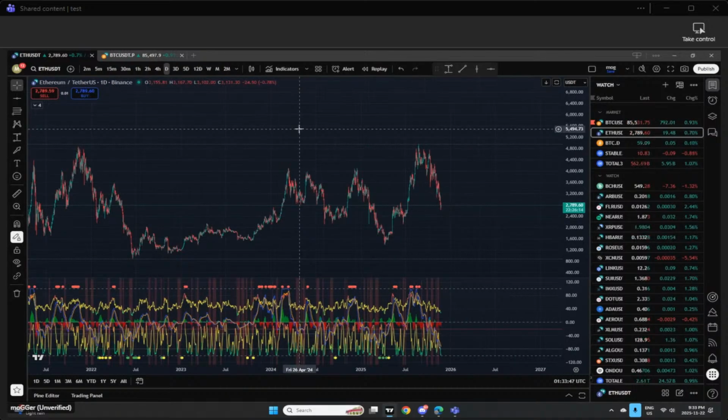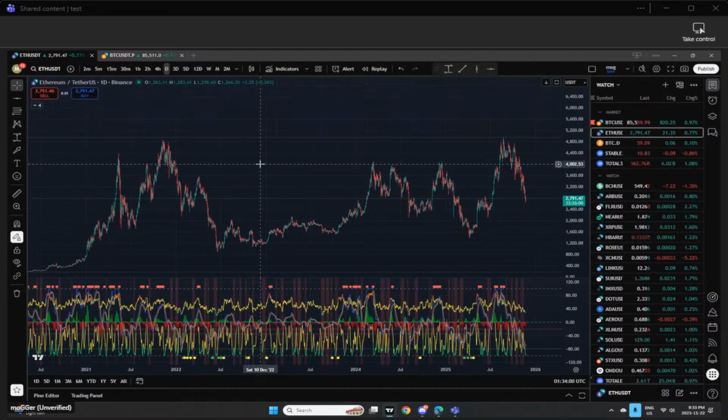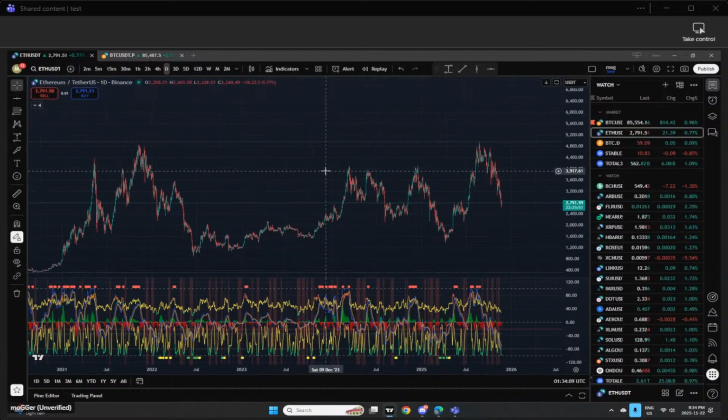Trump tariffs, or when they dropped bombs on Iran, or when Russia attacked Ukraine, or when COVID happened. There's no indicator that's going to find that, right? Yeah, exactly. There's things that are just out of your control, right? So again, you can't catch a falling knife or be a part of a falling knife if you got a stop loss set, right?